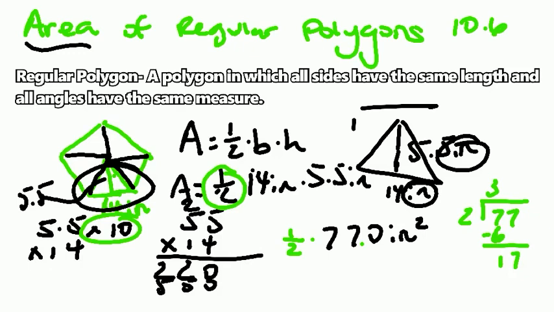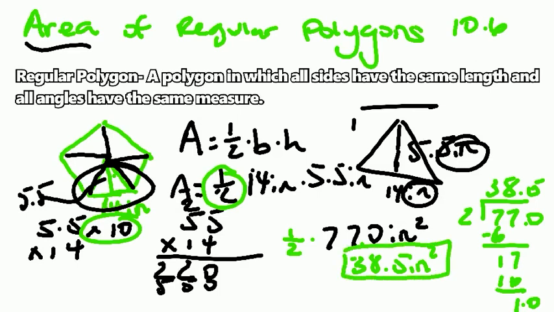Next I have 17 ones, which I know I can make 8 groups, which is 16. And I don't want the remainder, so I'm going to add a decimal and a 0. And I know 2 times 5/10 makes 1 whole. So my answer, actually I'm not done, is 38.5 square inches. Okay, so this is my answer for the area of one triangle.